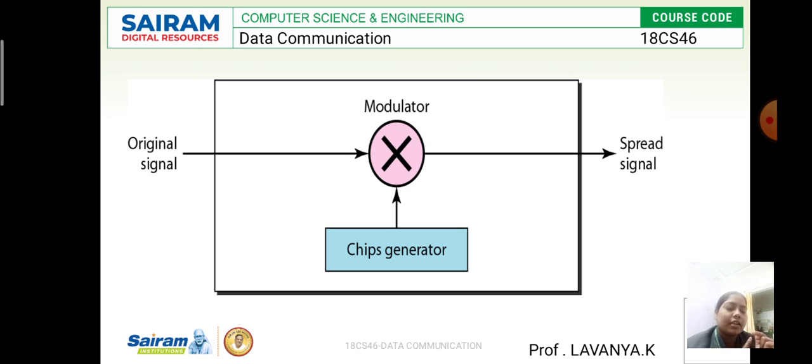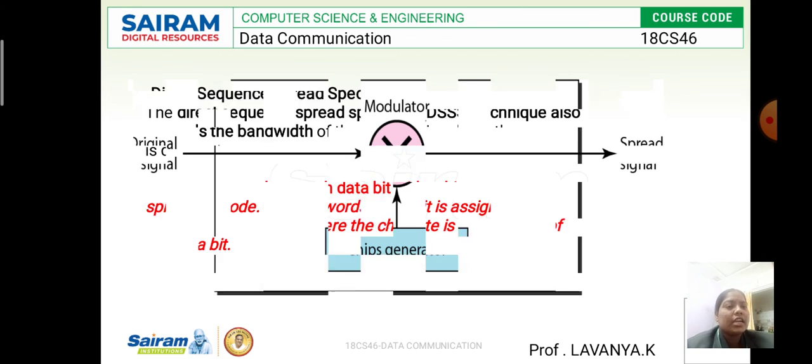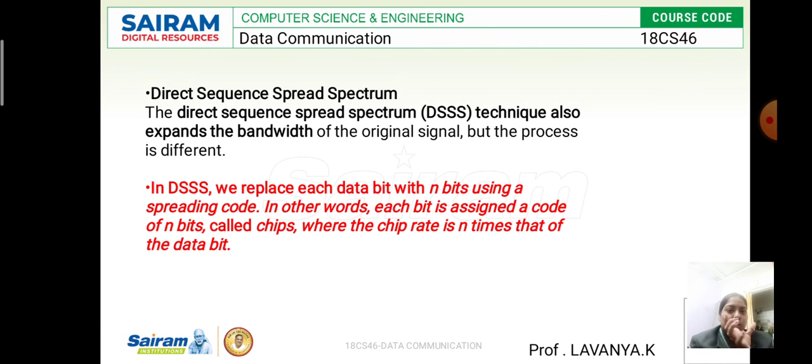But in direct sequence spread spectrum, the original signal is modulated with other n-bit codes, which we call chips, and the result is produced at a time. So this is what DSSS is.